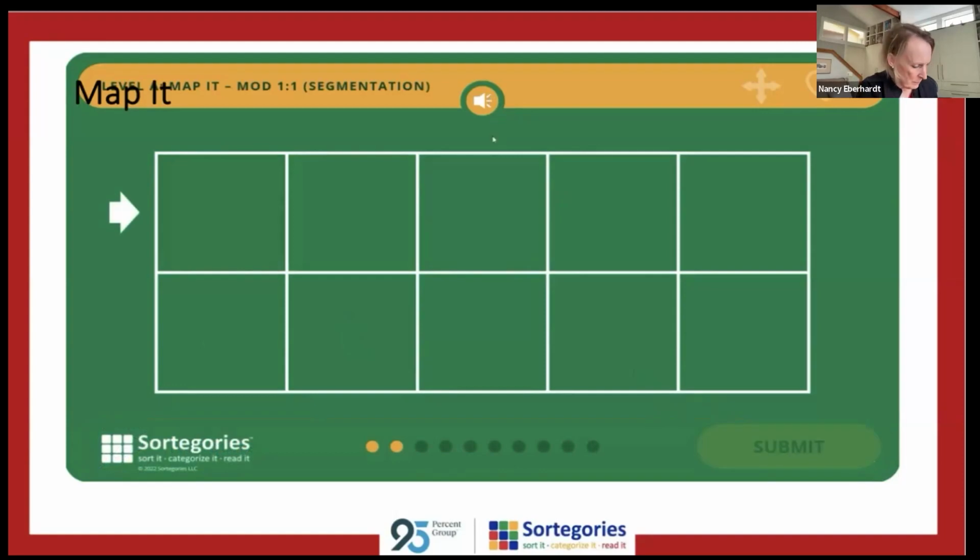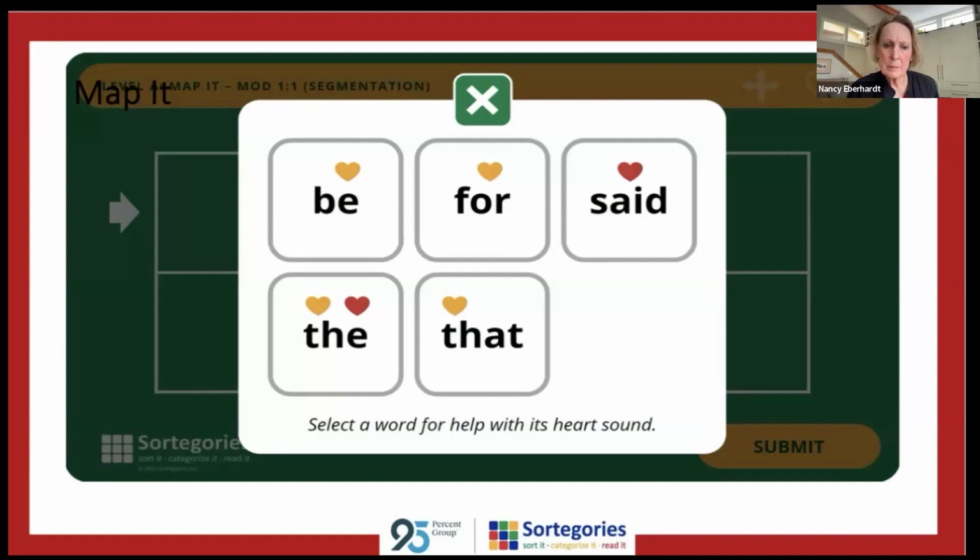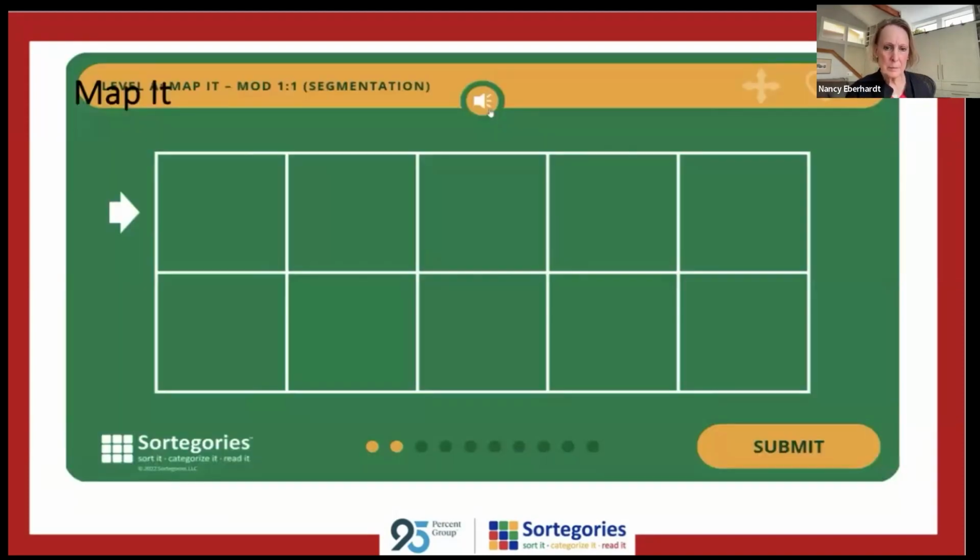The word is be. The letter E spells E in be. B, b, E, be.